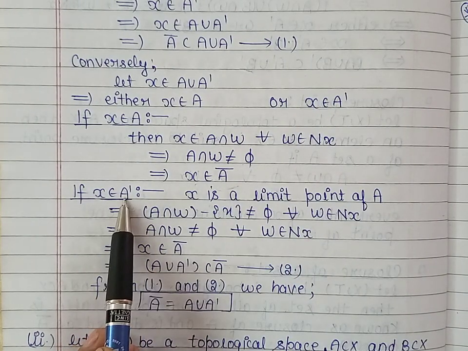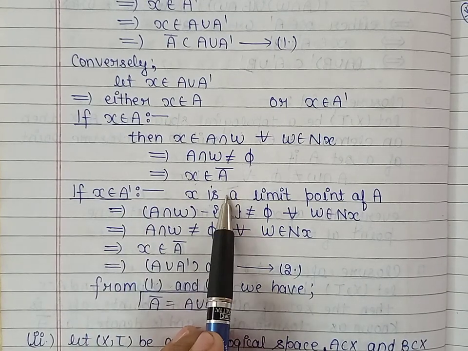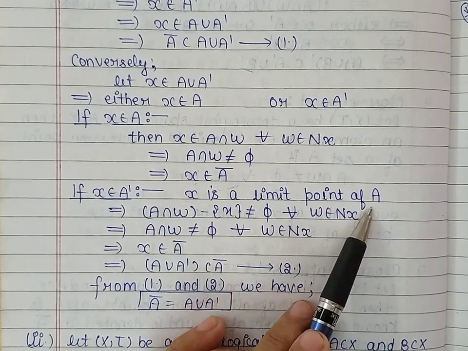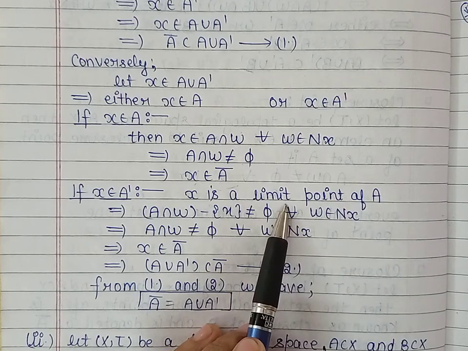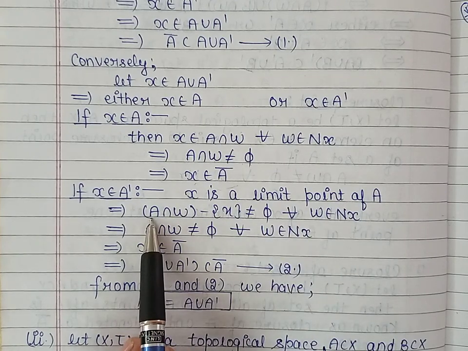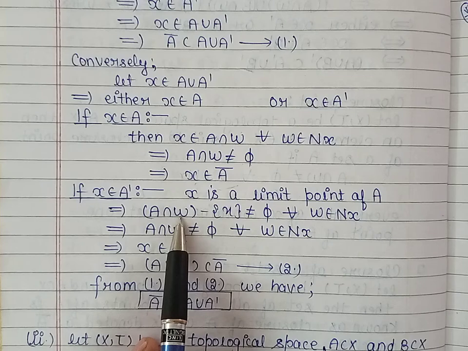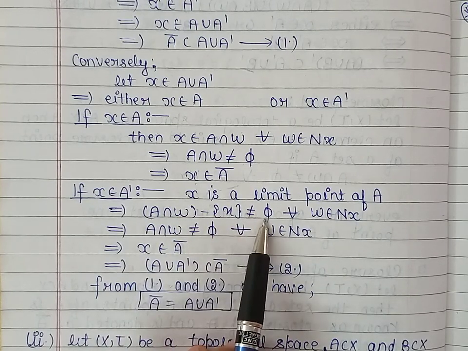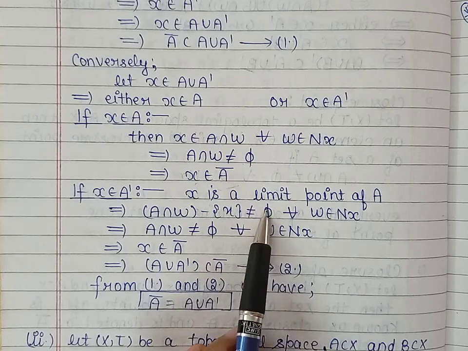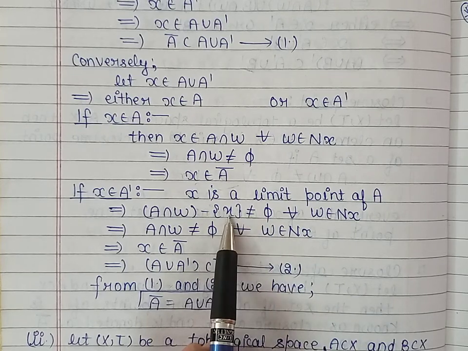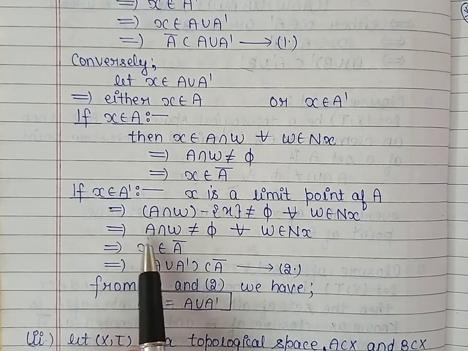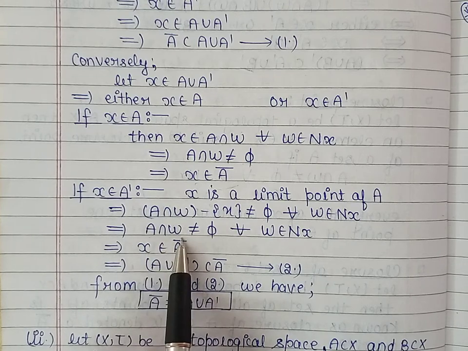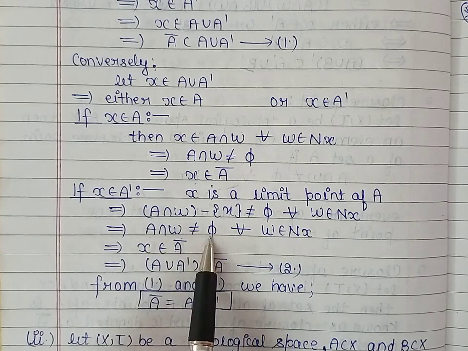Now the second case, if x belongs to the derived set of A. By definition, it means x is a limit point of A. So by definition of limit point, the intersection of A with every neighborhood of x excluding singleton x is non-empty. So in particular, the intersection of A with every neighborhood of x is not equal to phi.